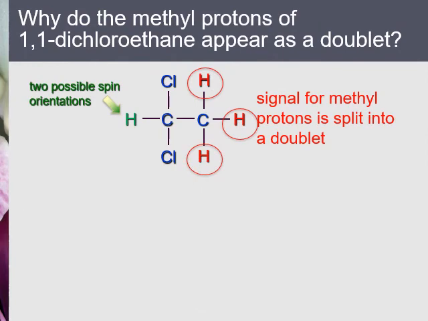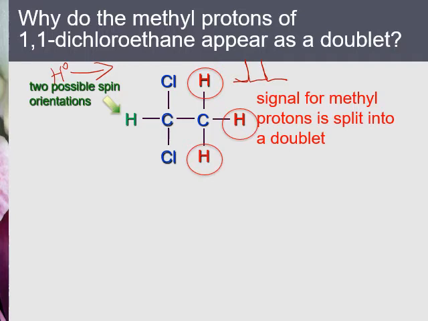Let's now explain why the 3 hydrogens appear as a doublet. Now, when a magnetic field is applied to the system, the hydrogen experiences a magnetic field not only due to the applied field, but also due to the local environment.